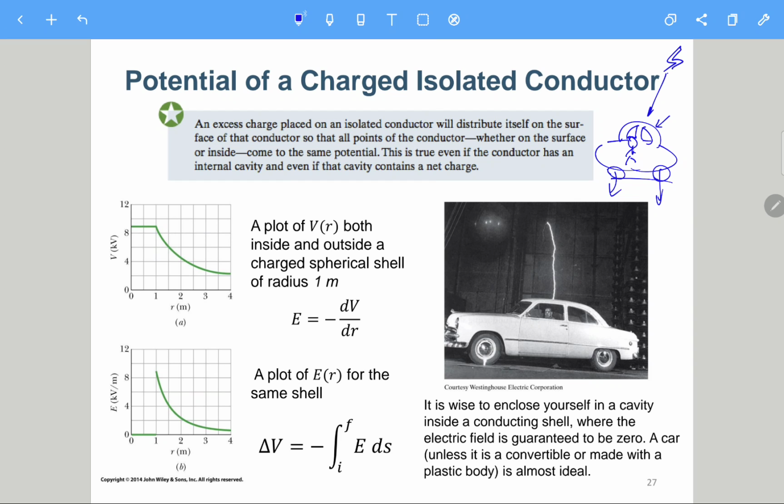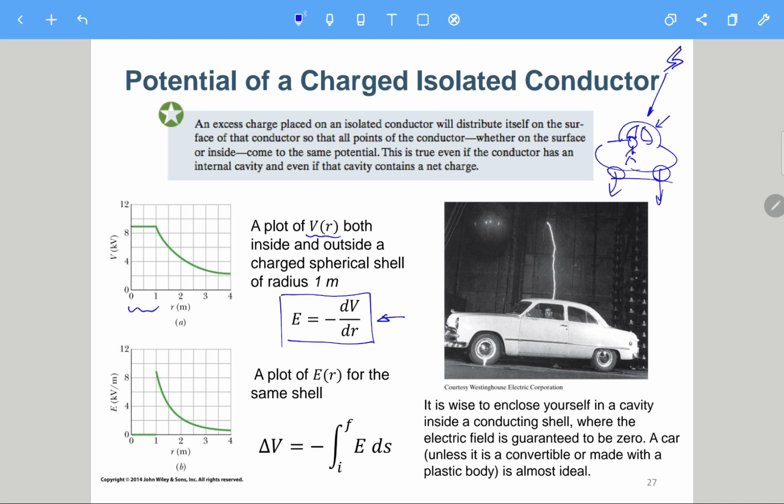And in this case, it means that we can actually use this equation to demonstrate this idea. Suppose we have a plot V of R like this.